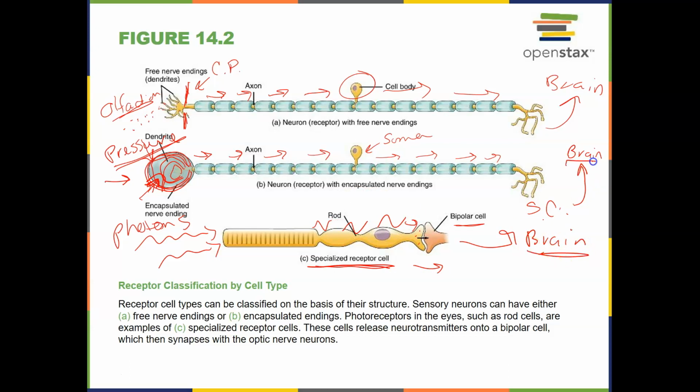So one of the things that you guys need to remember in sensory systems is that the receptor is activated, information goes sometimes to the spinal cord first, then to the brain. In this case, it's also spinal cord to the brain. Well, no, not in the case of the cribriform plate. My apologies. Let's get rid of that. But you basically have sensory information coming in and going to the central nervous system.